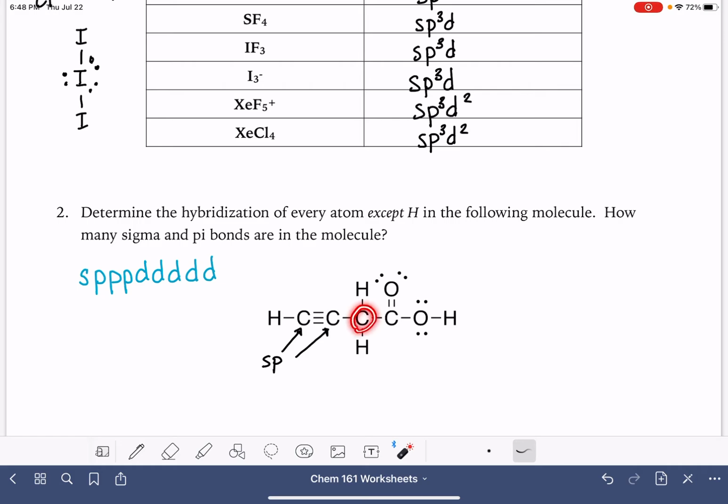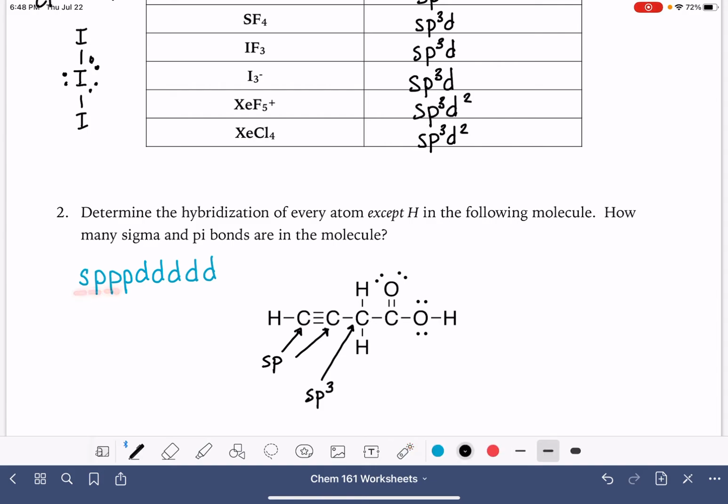This carbon right here has 1, 2, 3, 4 areas. It needs 1, 2, 3, 4 orbitals. That's sp3. The next carbon over, if we're continuing down the chain, has 1, 2, 3 areas of electrons, so it needs 3 orbitals.